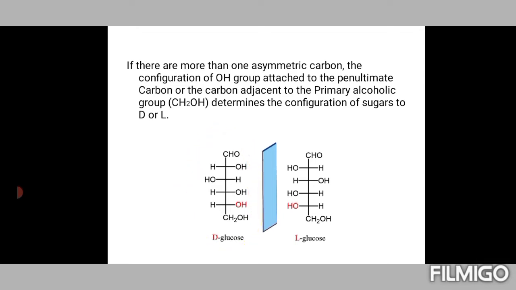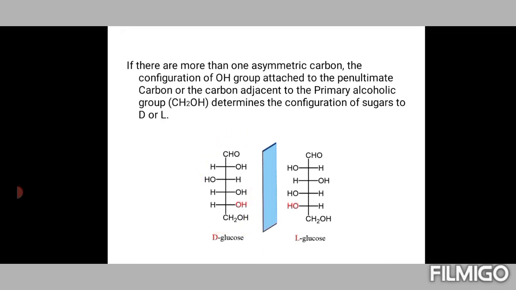And if the OH group is on the left-hand side of the fifth carbon, then it belongs to the L, levo variety of glucose. It is not based just on the OH on the fifth carbon. There are other differences also.